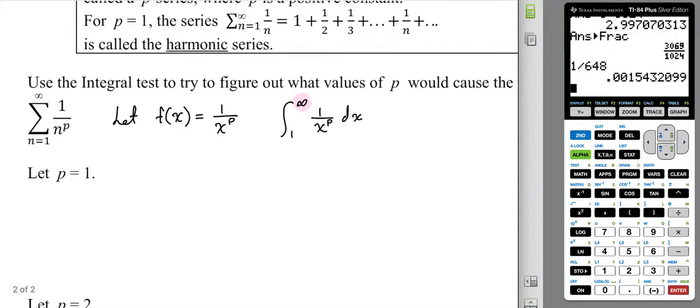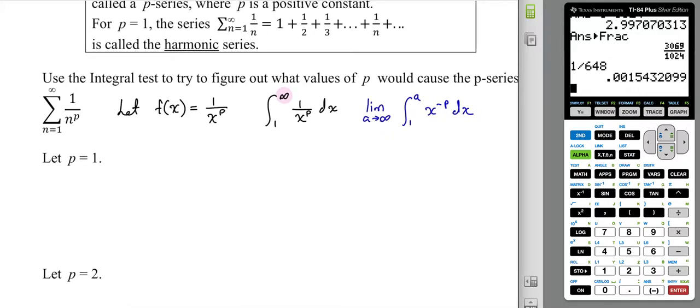So this is all my setup here, just trying to save myself some time and energy down the line. The limit as a approaches infinity of the integral from 1 to a of x to the negative p dx. And so that's what we're going to be working with for each of these cases.